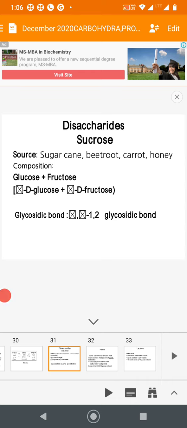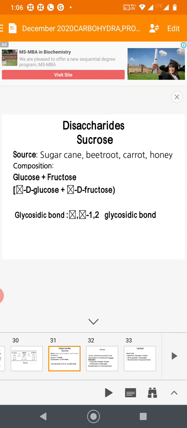I repeat this, in this slide it is not so clear. Sucrose composition is glucose and fructose, which contains alpha D glucose and beta D fructose.